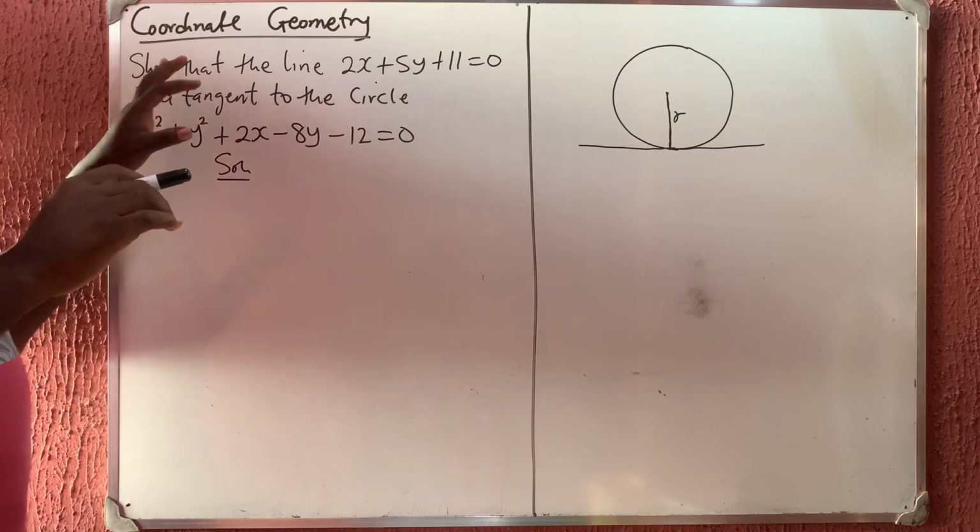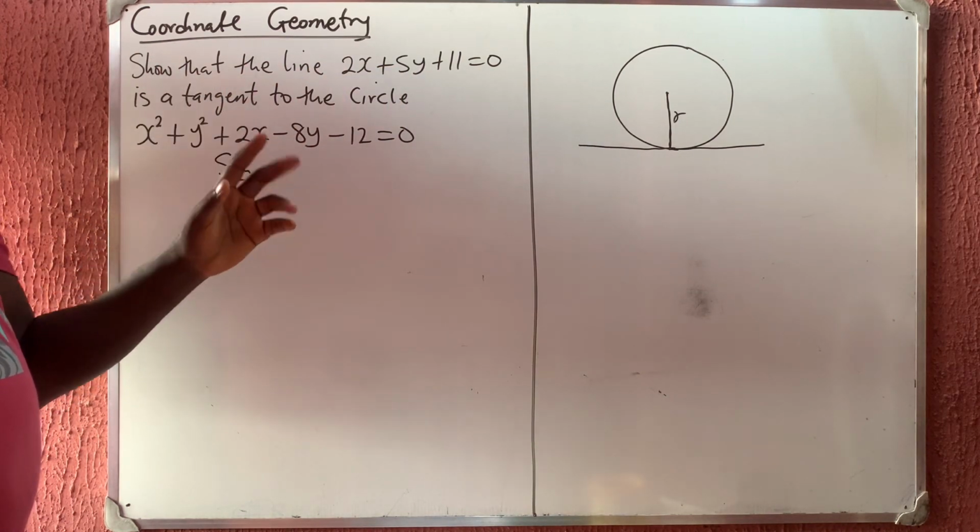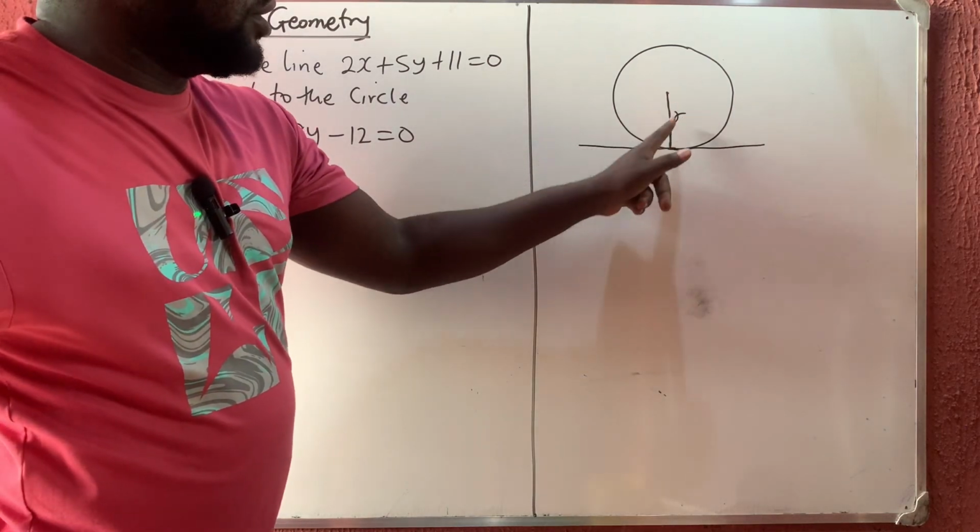Now the concept of showing that this is equal to this is just to find the distance from here to here.